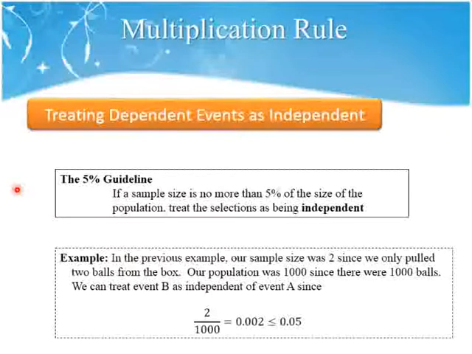As in the previous example, our sample size was 2 since we were only pulling 2 balls from the box, and our population was 1,000 since there were 1,000 balls in the box. We can treat event B as independent of event A since 2 out of 1,000 is 0.002, which is certainly less than 0.05 or 5%.